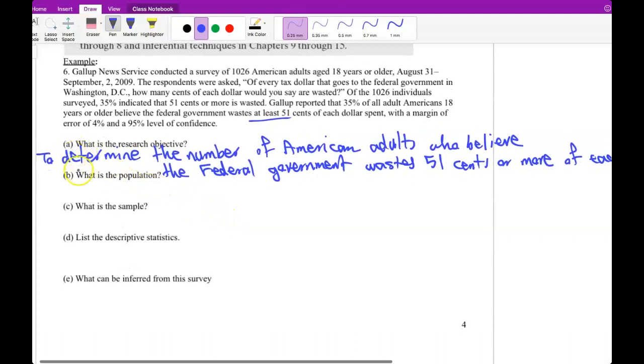We want to find that. So our objective was to find out how many American adults have this belief.